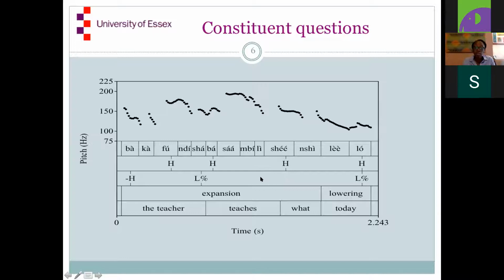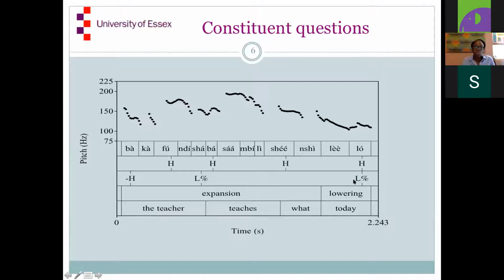And then the next tier has the intonational tones that I think are going on. Here there is a subject, and at the end of the subject there is a boundary low, which you have after the subject in Bemba. And at the very end there is also a low which gives us the final lowering in the sentence.